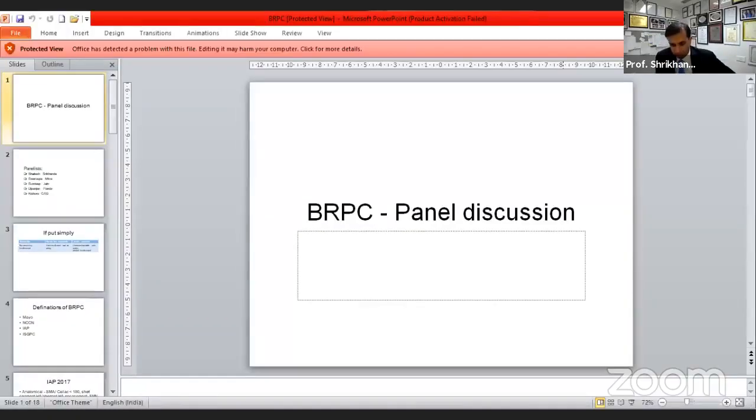Okay, so most of our audiences are residents. Your presentation was very lucid. It was very clear. But for the interest of residents, if we have to simply put it, resectable means no vein, no artery. Borderline resectable means venous involvement, no artery involvement, and locally advanced means either unreconstructible veins or arterial involvement, right?